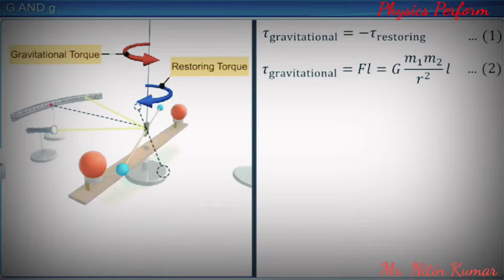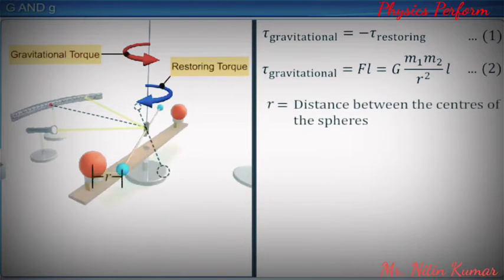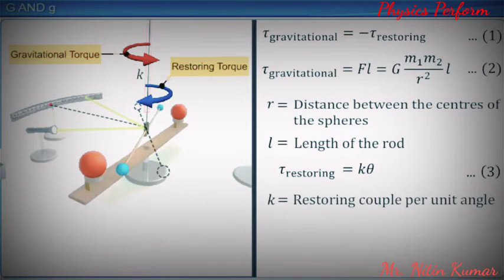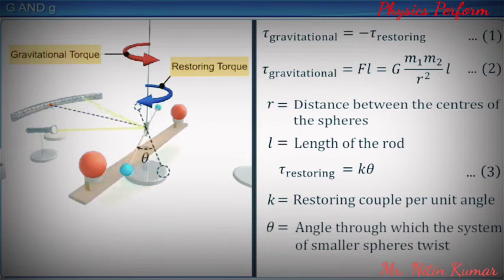Here, r is the distance between the centers of the spheres and L is the length of the rod. The restoring torque is denoted by equation 3. Here, K is the restoring couple per unit angle, and theta is the angle through which the system of smaller spheres twist. The value of K can be derived by applying a known torque and measuring the corresponding angle.